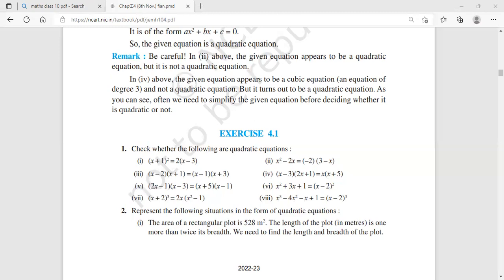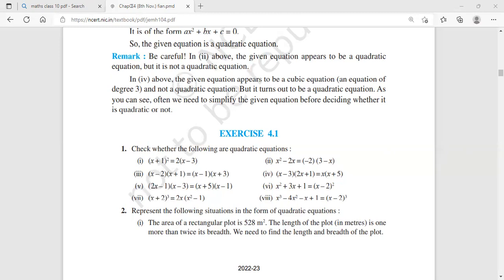So let's multiply that. So what do we get? x into x is x square, x into 1 is 1x. Next, from minus 2 into x is minus 2x, minus 2 into 1 is minus 2 equals, again, x into x is x square, x into 3 is 3x. Minus 1 into x is minus 1x, minus 1 into 3 is minus 3.